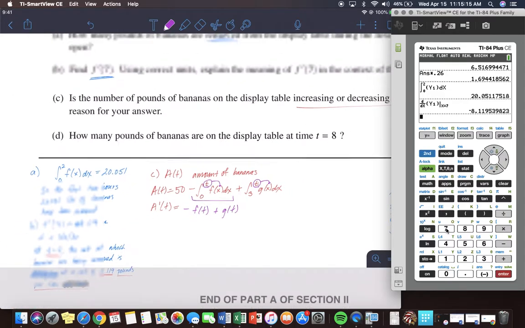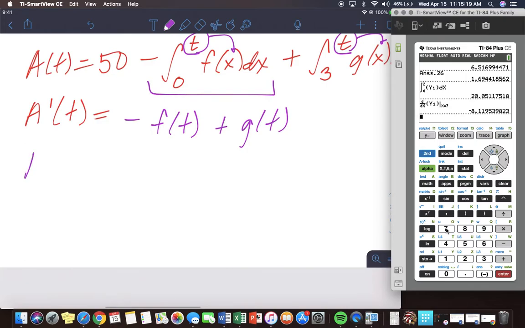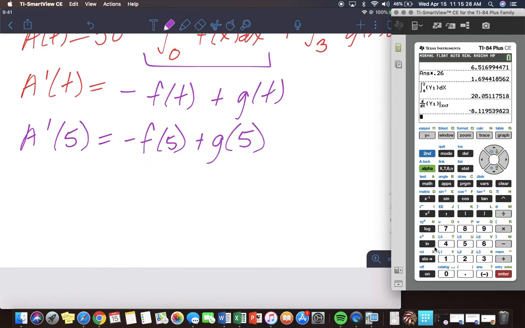If I want to figure out whether I'm increasing or decreasing at t equals 5, then I can plug in 5. So y1 was f: negative y1 of 5 plus y2 of 5, which is negative 2.263.